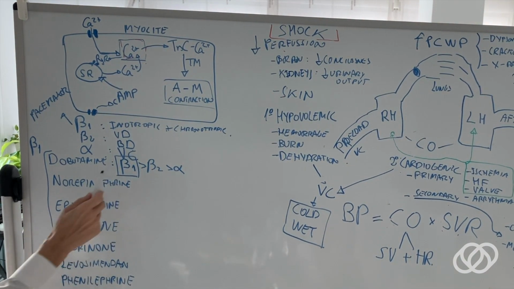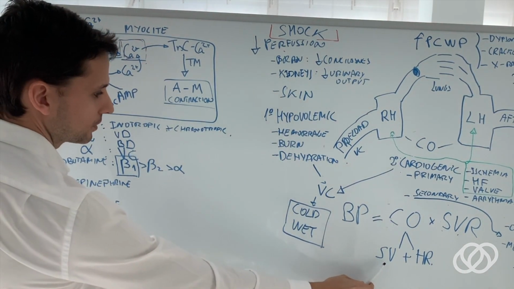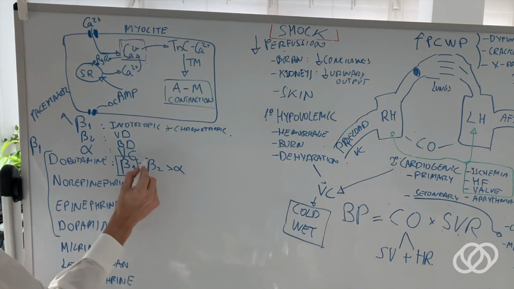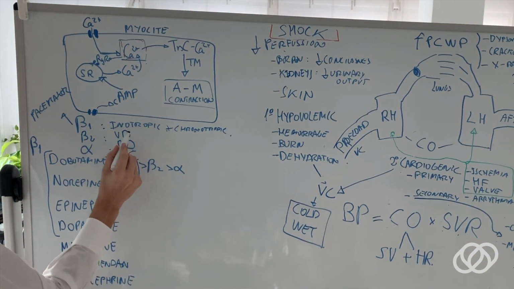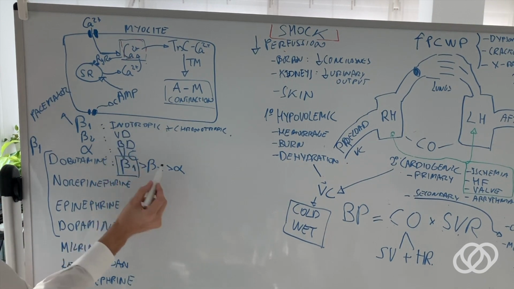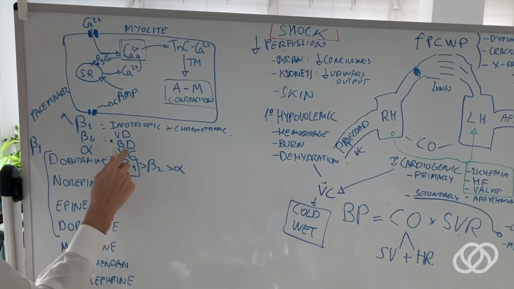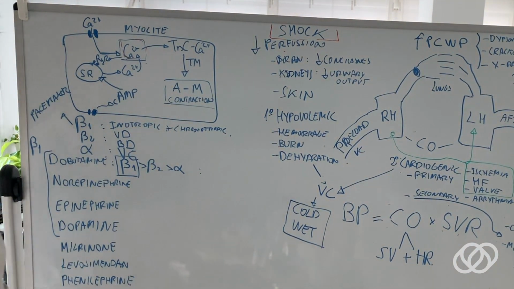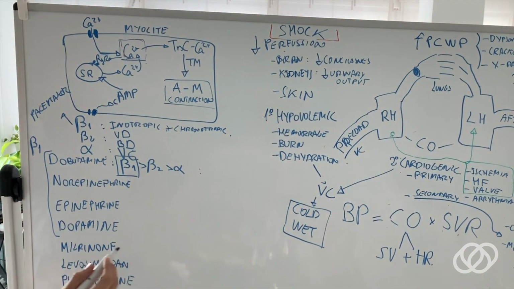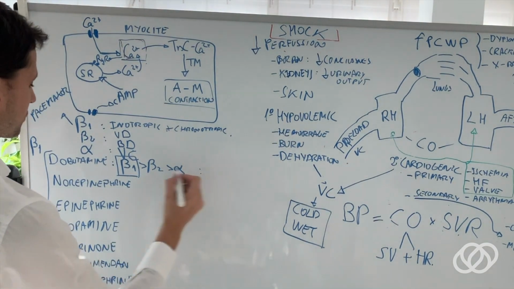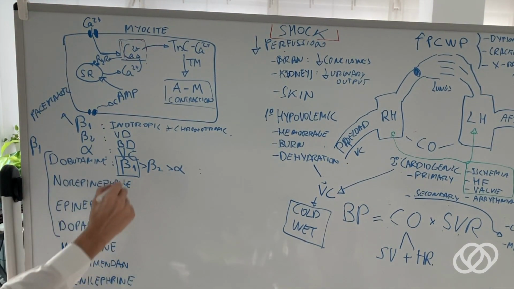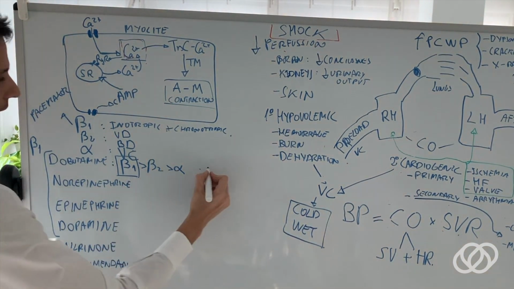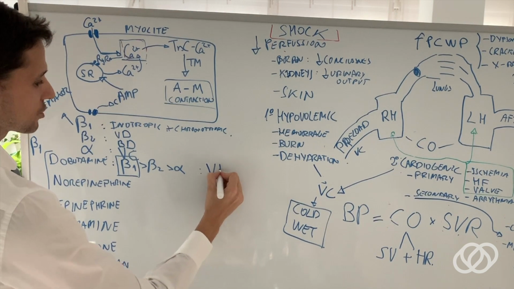We want to enhance the stroke volume and the heart rate. But because of the beta-2 action, it produces vasodilation. The two things that we have to remember about dobutamine is that, like all of them, it increases cardiac output because of the inotropic effect, but also it produces vasodilation.